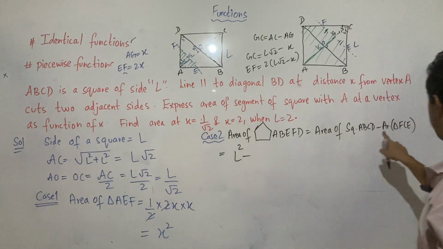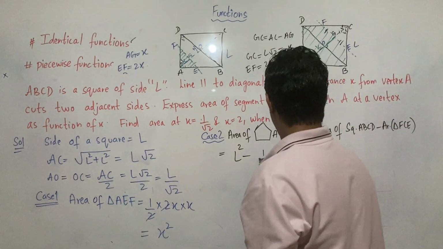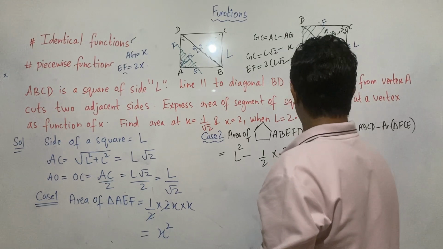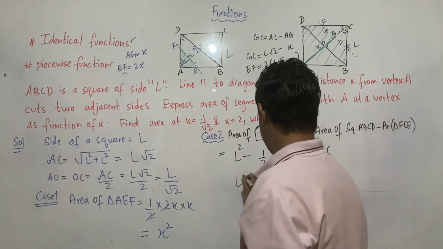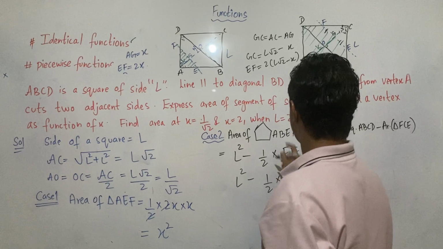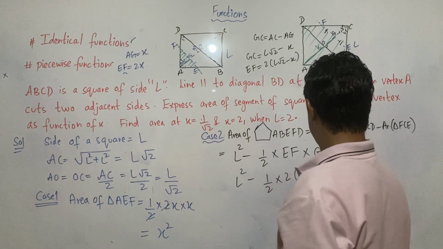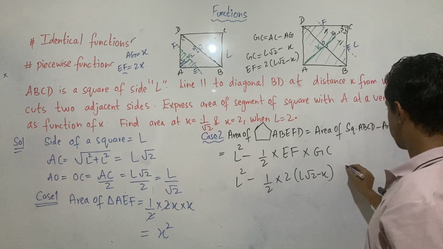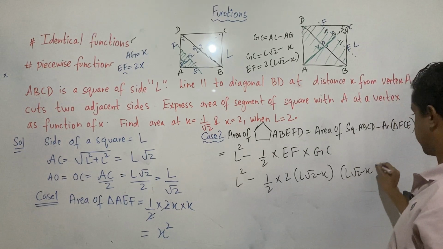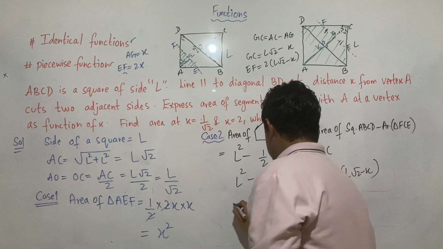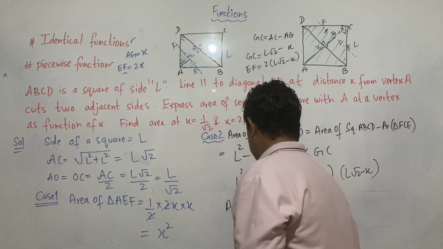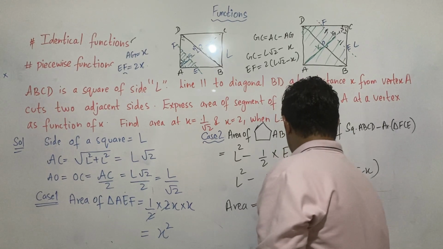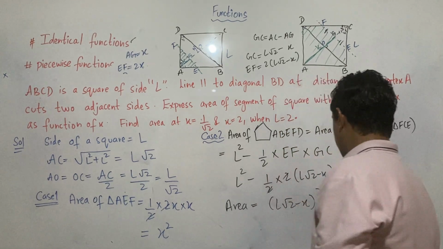Okay, L square minus, this is going to be 1 by 2 multiplied by EF multiplied by GC, which is L square minus 1 by 2. EF is 2 times (L root 2 minus X), and GC was L root 2 minus X. So this is going to be your area. It's going to be (L root 2 minus X) square.